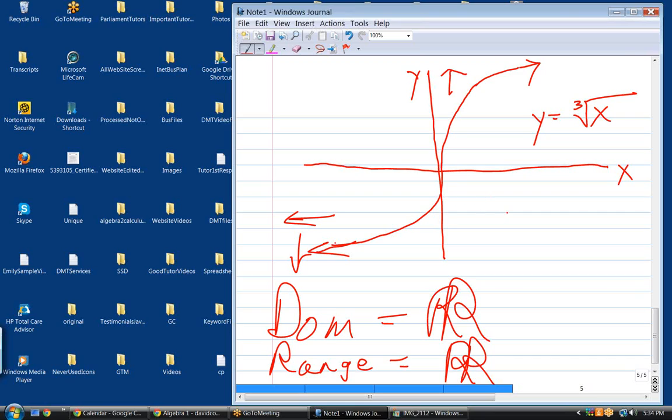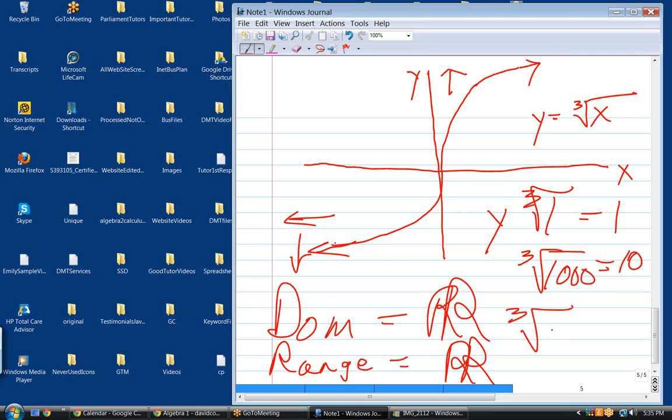All you have to do is kind of experiment. If I take the cube root of 1, I get 1. If I take the cube root of 1,000, I get 10. If I take the cube root of 1,000,000, I get 1,000. Actually, I don't.